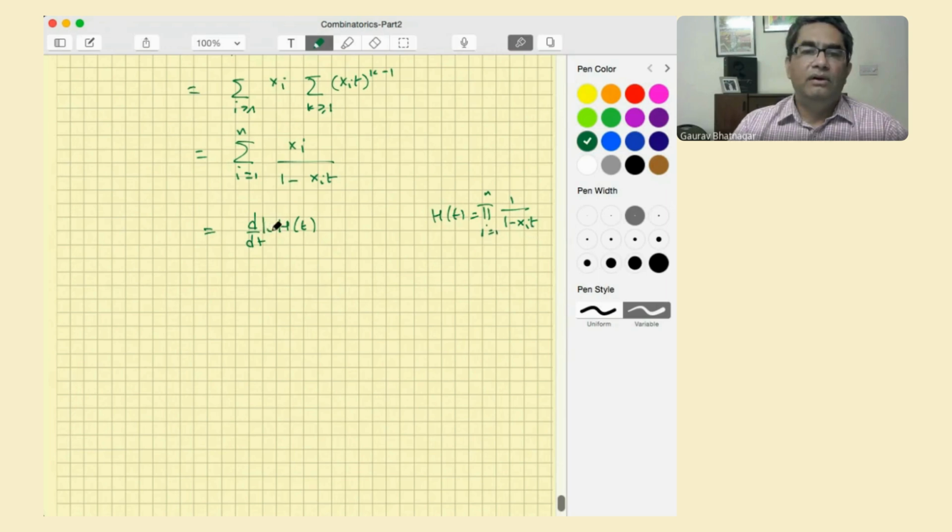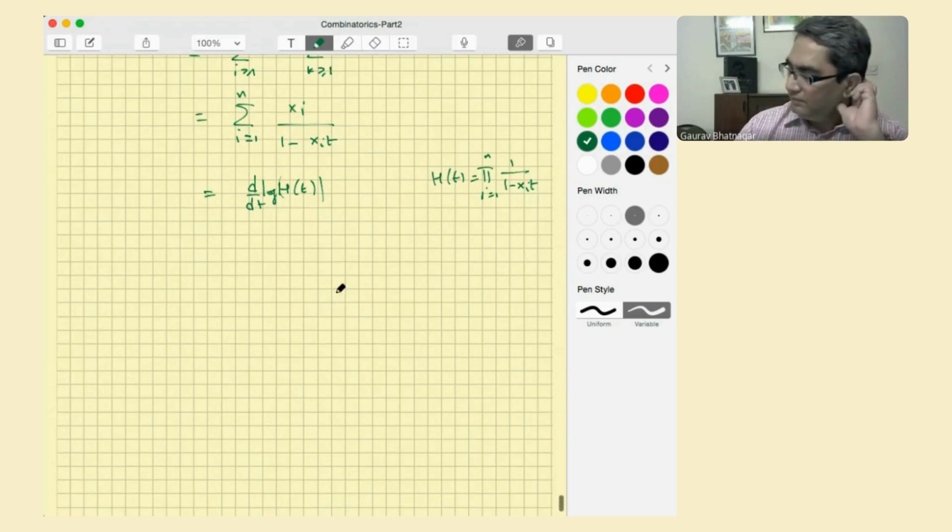So I took the log and whatever, then didn't take the multiplier. I mean, forgot the chain rule or something. Okay, anyway, so this is equal to h prime t divided by h of t.